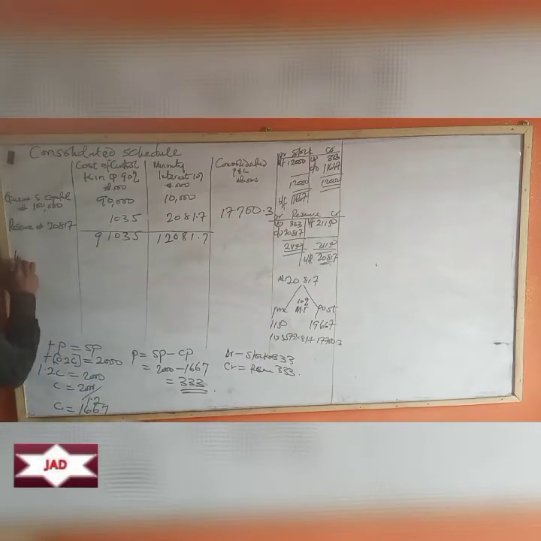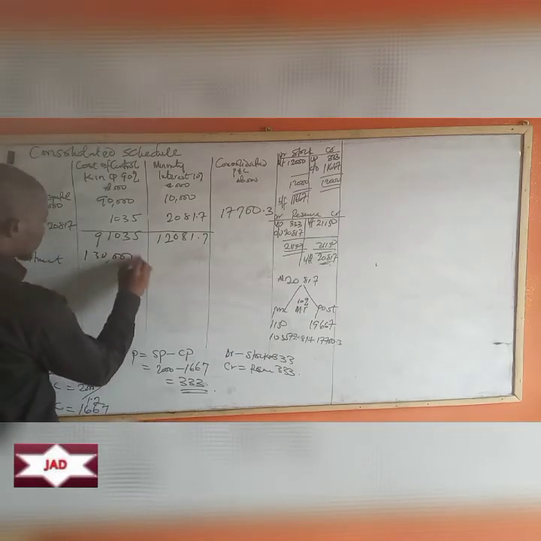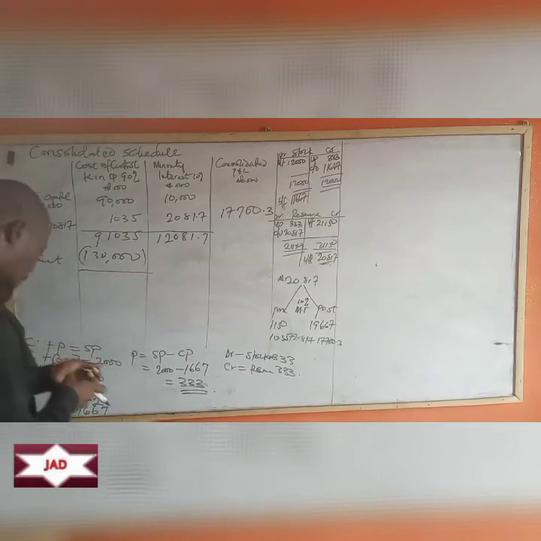So we have investment. What's the investment? Is 130,000. So what do we have?